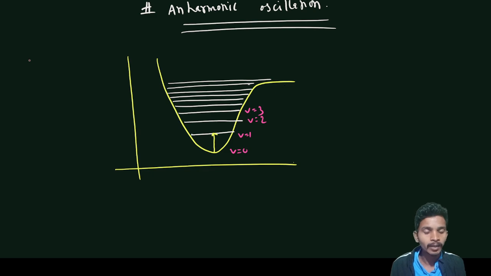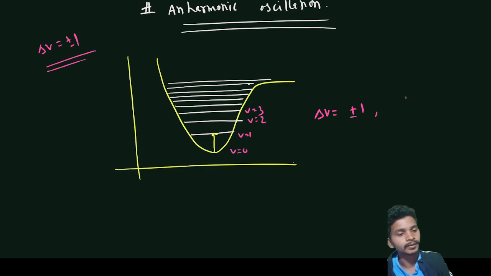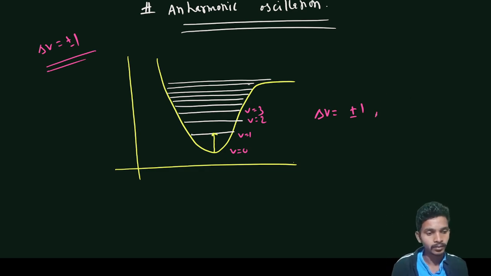For harmonic the selection rule is delta v equal to plus minus 1, that we have already discussed in the previous class. For anharmonic, the selection rule delta v is also plus minus 1.